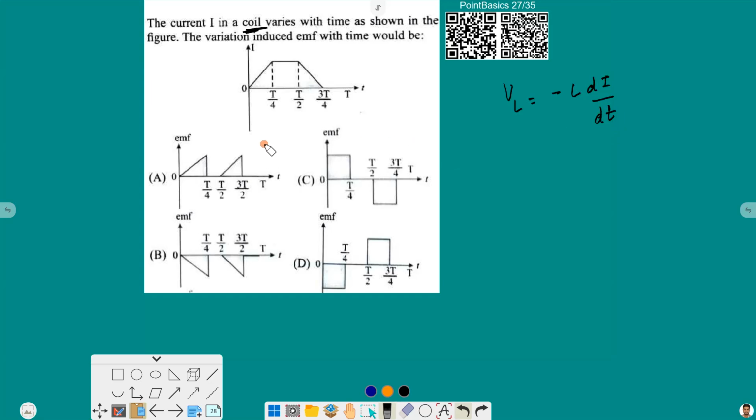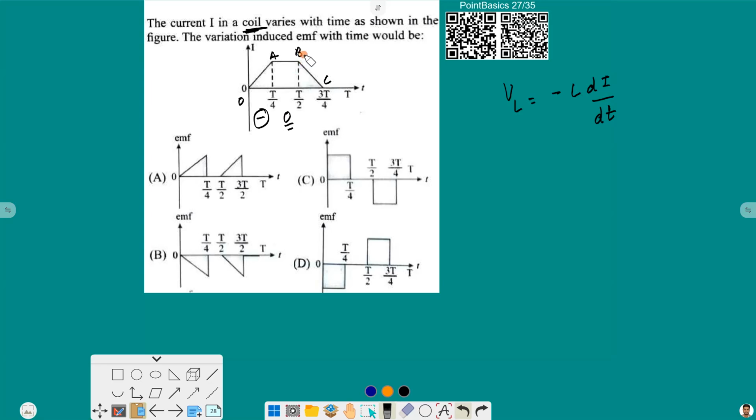So again, if we mark some points here, O, A, B, and C. From O to A, the current is increasing linearly, so di by dt is positive, so induced EMF should be negative in this region. From A to B it is constant, so di by dt is 0, so here we will have 0 induced EMF.